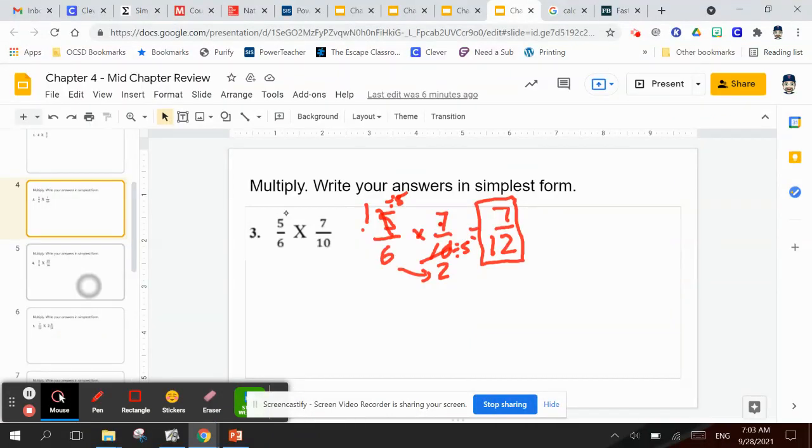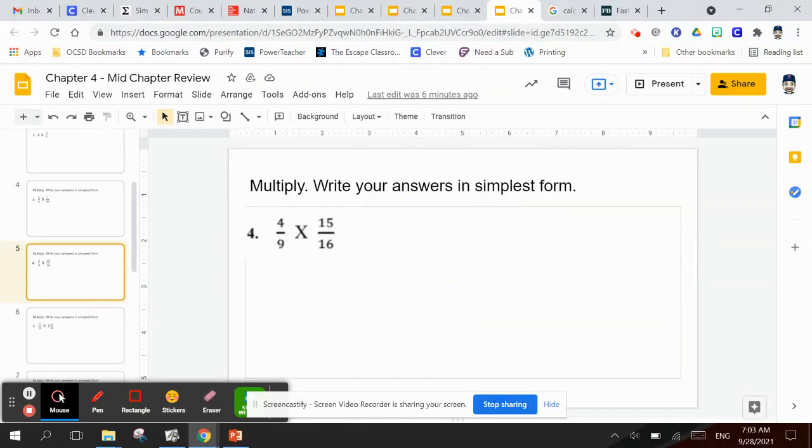All right, example number 4. 4/9 times 15/16. So again, I always write my problems out again. So again, let's simplify before we multiply. I know 4 and 16 have a common factor of 4.